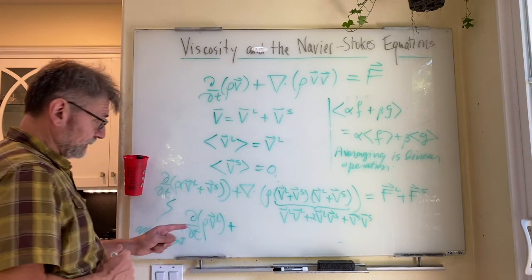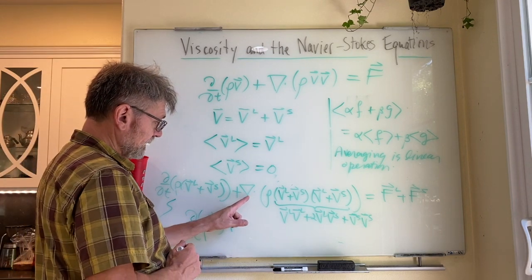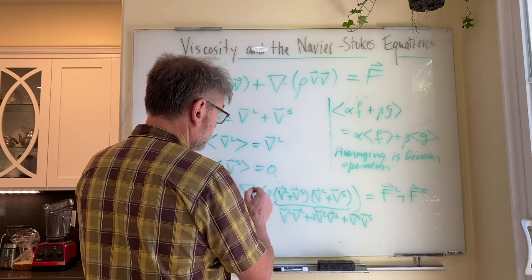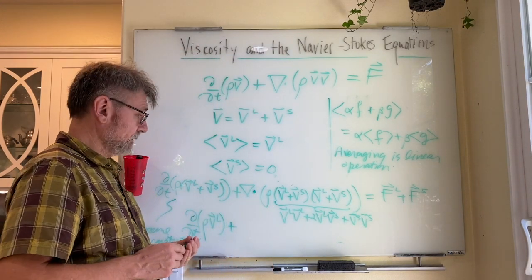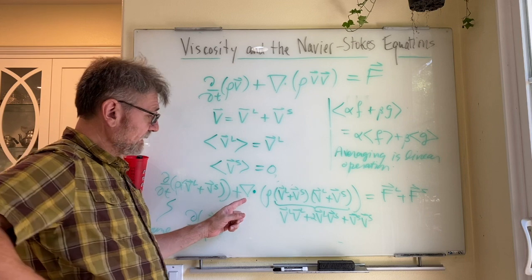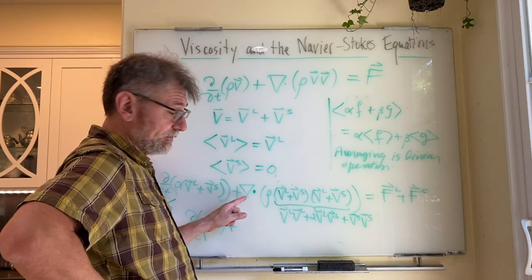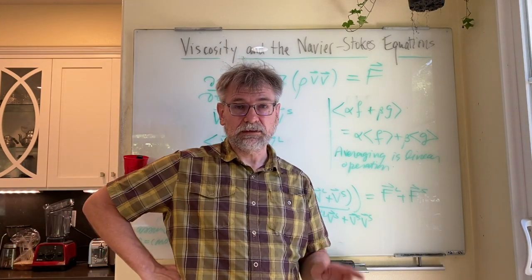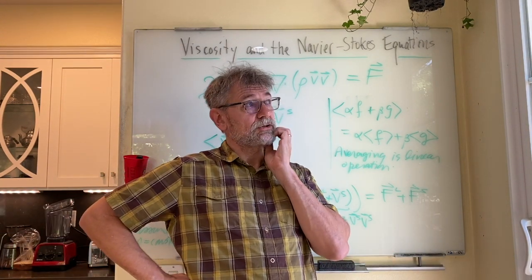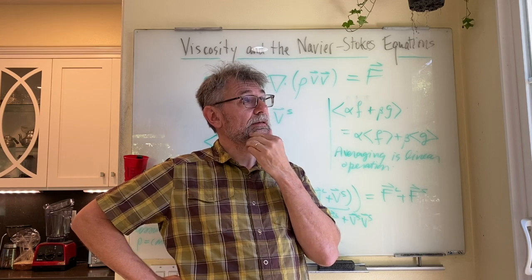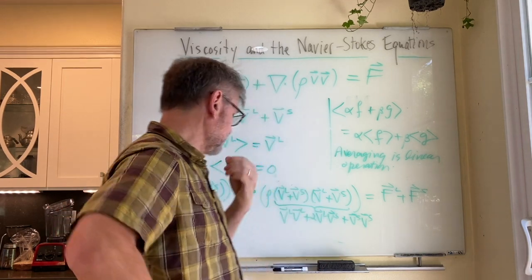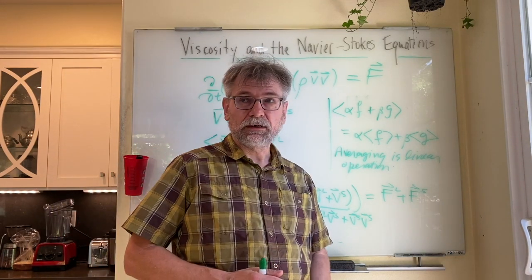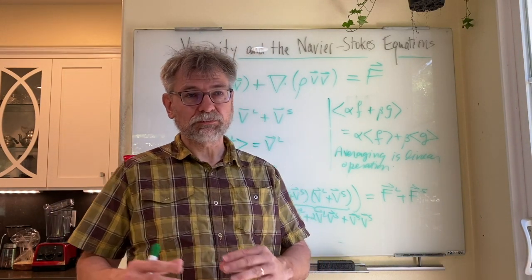plus. And here also I'm going to take the averaging inside the divergence operator. So that's not so correct. In fact, what I need to do, because the averaging is an averaging in space, and the divergence here is a spatial derivative term, is average the whole thing and then integrate by parts to get the divergence of the average plus some boundary terms.